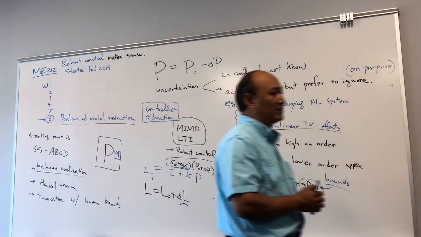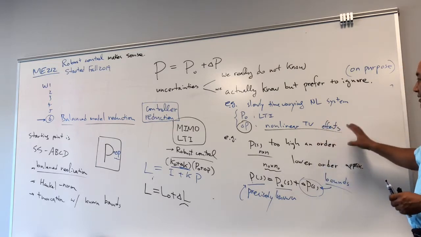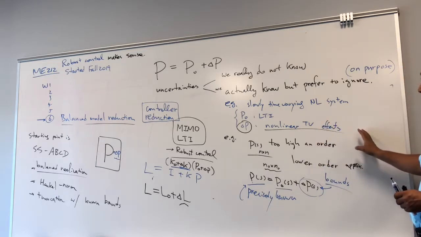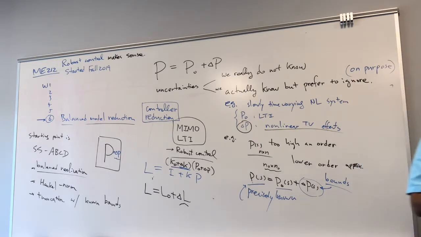So that's another hidden reason that I didn't explain in the beginning. Only in the end do you realize that all the model reduction applies both to the system as well as the controller.